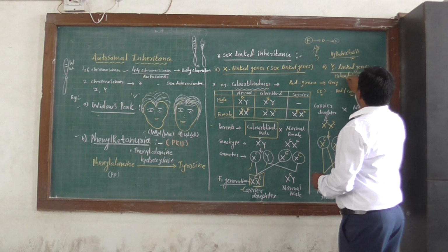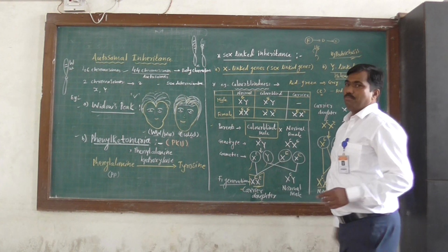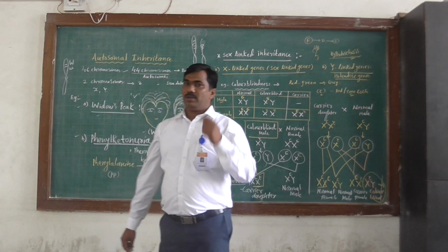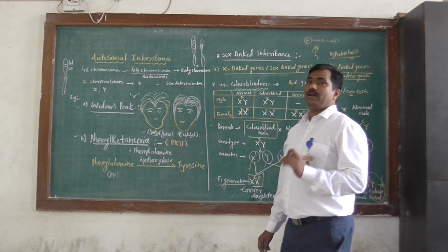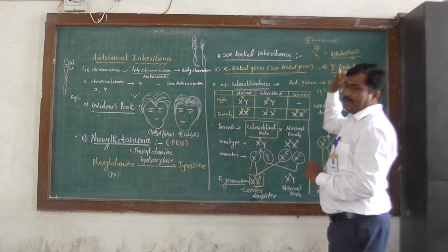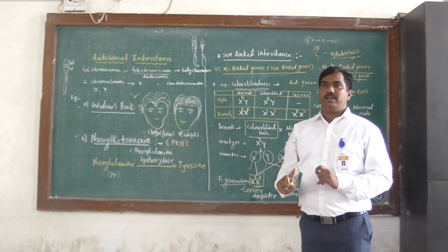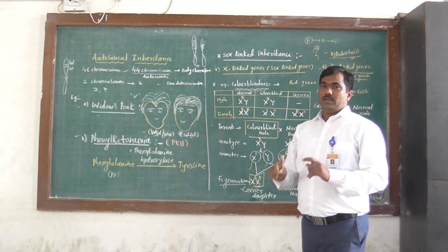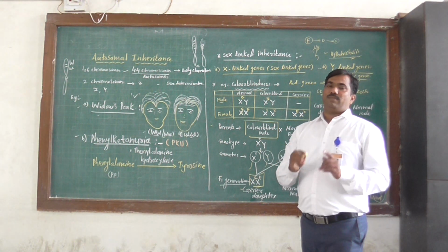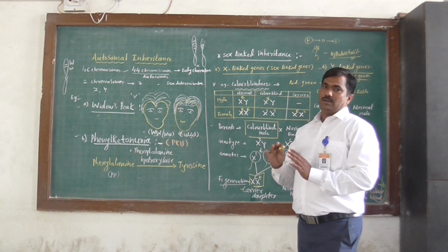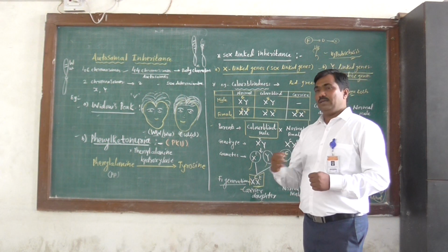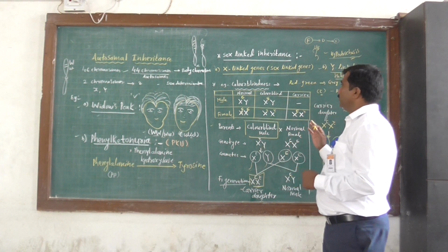These genes control this character, excessive growth of hair on the pinna. This is called hypertrichosis, and it is a Y-linked disorder that shows straight inheritance, meaning it is inherited from father to son directly. So in every generation this character may be inherited. Okay, so remember this.